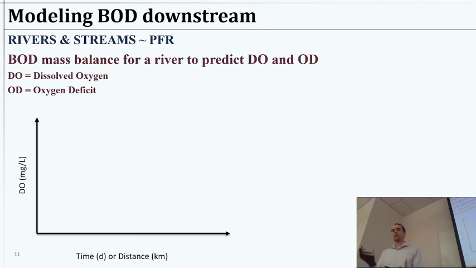There's maybe a couple ways to look at it, and we're going to first focus on the BOD itself, and bring in a concept called oxygen deficit, OD, instead of dissolved oxygen, here in a moment.